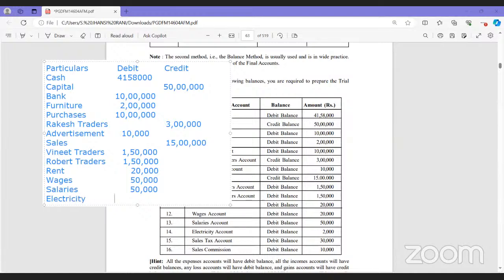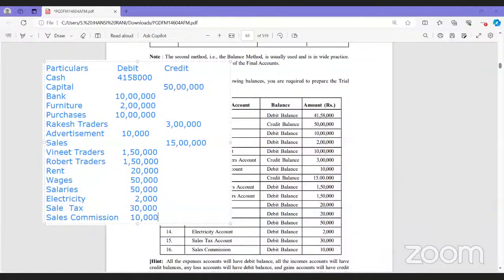It is also an expenditure to us, so we write in the debit column 2,000. Next, we have sales tax account. This is also debit because it's an expenditure, so I write in the debit column 30,000. Next, sales commission. It is also a debit balance because we are paying commission to the employee, so I'll write in the debit column.